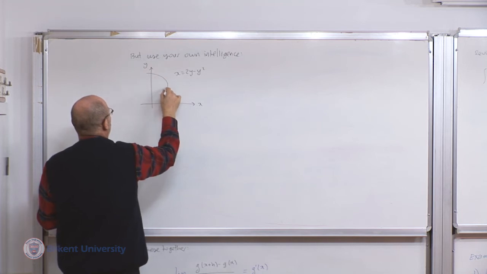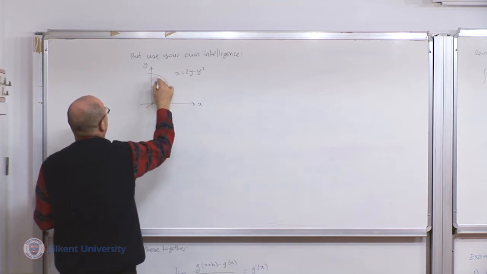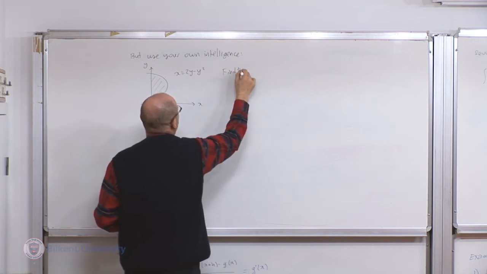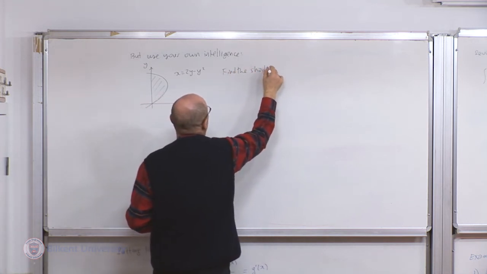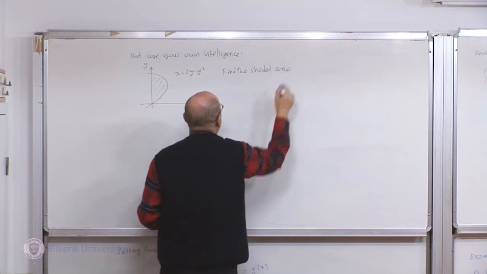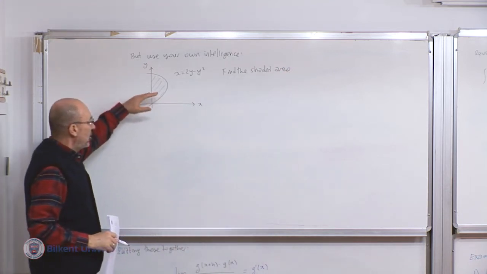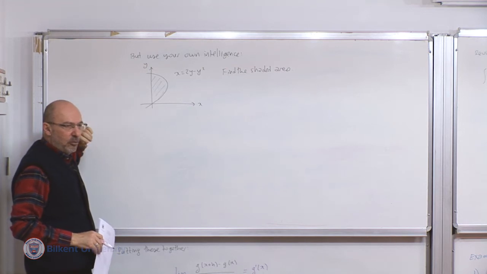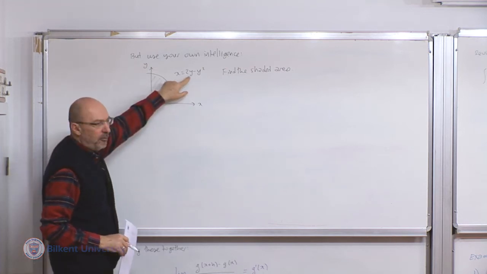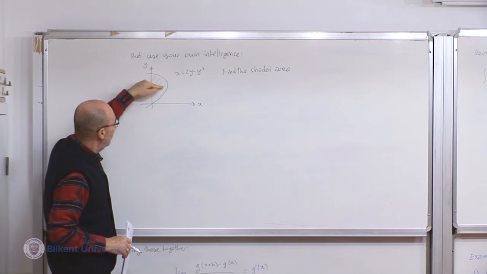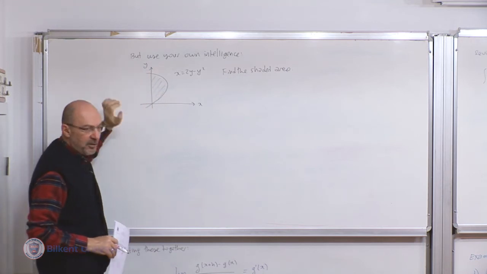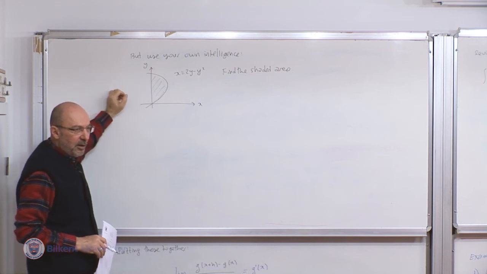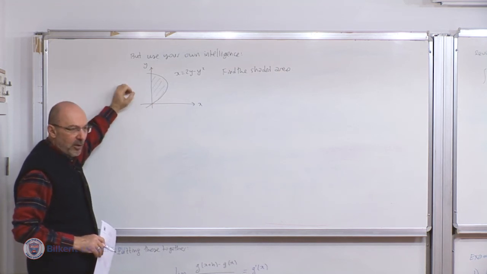So it's a parabola like this. Find the shaded area. Just because we learned to take the integral of functions y equals f of x, you can solve for y from here, divide this by 2, find this area, then find this area, subtract this rectangle here, etc. Well, that's one way.